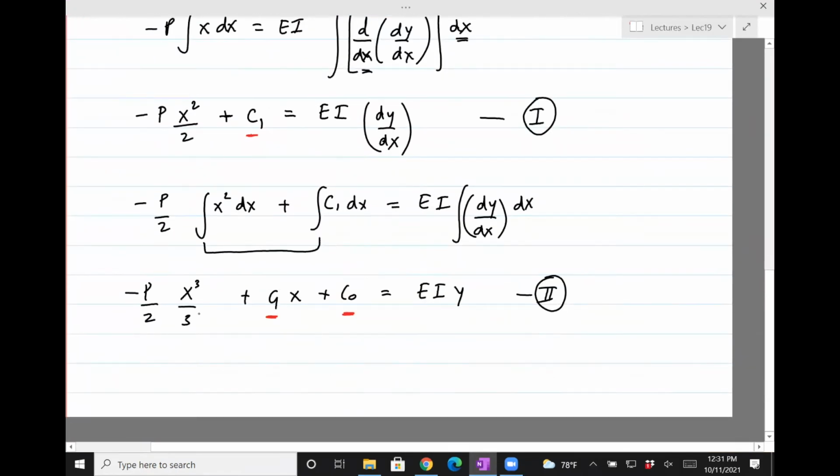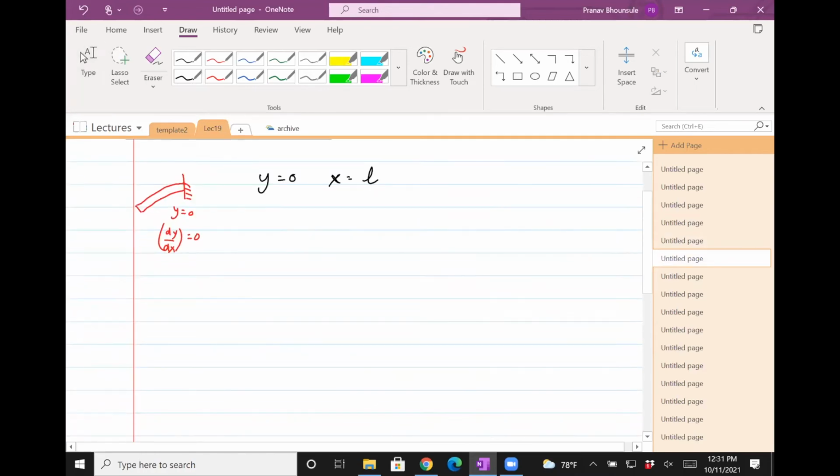So I'm going to put x equals L, I'm going to put y equals 0, plus C1 L plus C0 equals EI times 0.